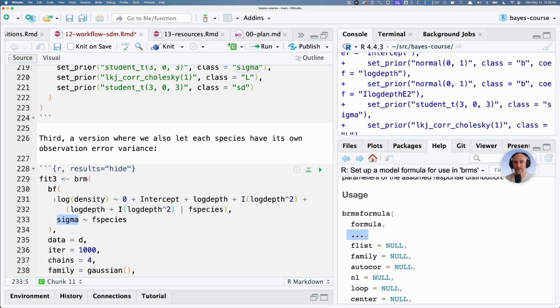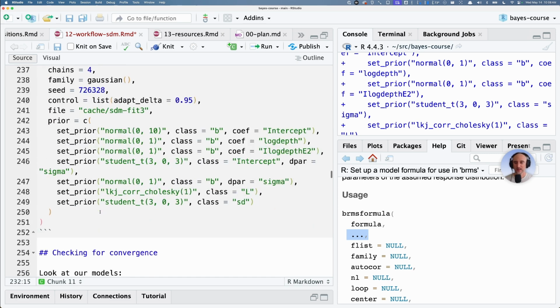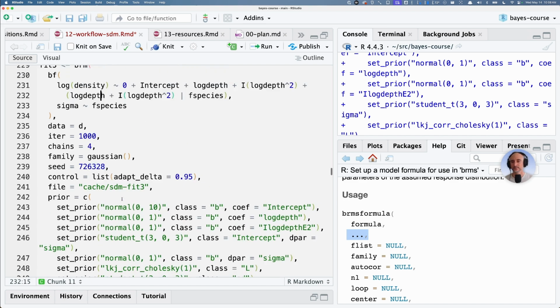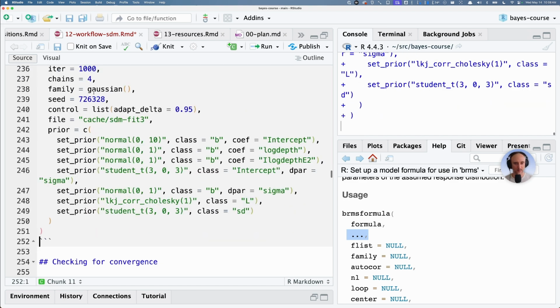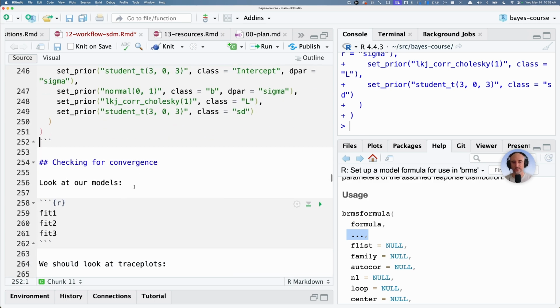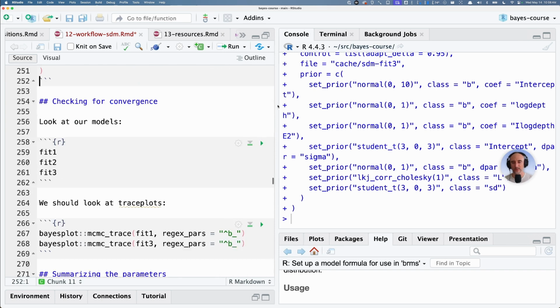So we've got that hierarchical model on the relationship with depth, and then we've got the observation error is scaled differently by species. Otherwise, it's the same as before. I'm going to fit that model. That'll take a little while longer for you. I'm going to try and rescale my windows.